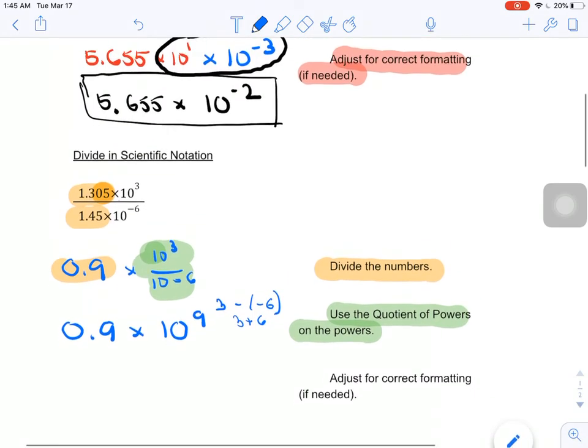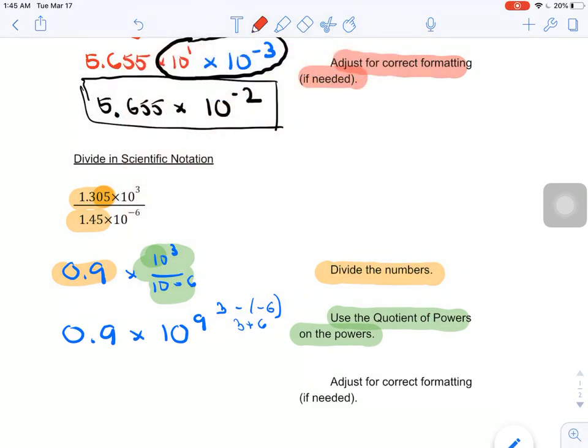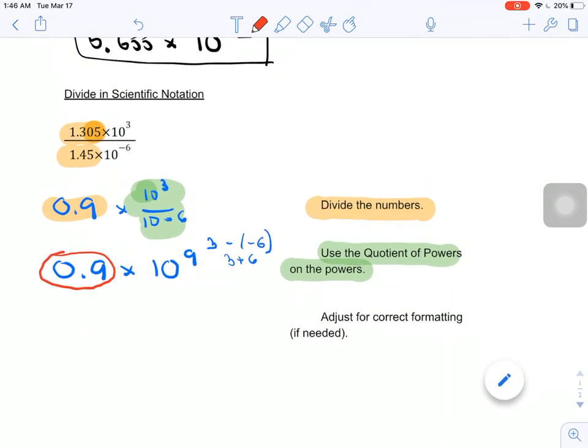So now we've got the same thing going on as before. We know that if we are in correct scientific notation, this front number should have one non-zero number, so a number between 1 and 9 in front of the decimal point. So in this case, we've actually kind of overcompensated.